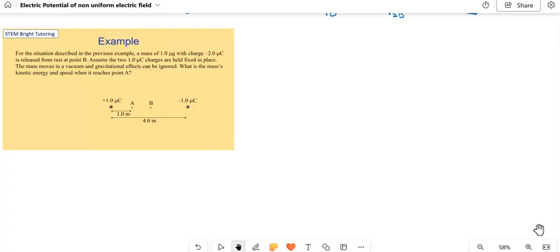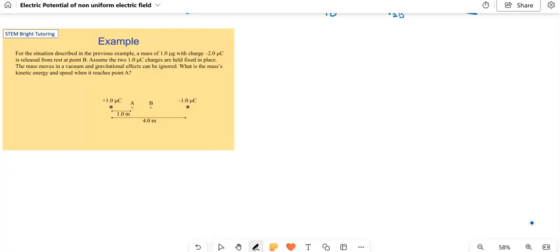In this example, a particle with a mass of 1 microgram and a charge of -2 microcoulomb is released from rest at point B. The question asks us to assume these two charges Q1 and Q2 are held fixed in place, and these particles move in a vacuum, and we're going to ignore the effect of gravity.